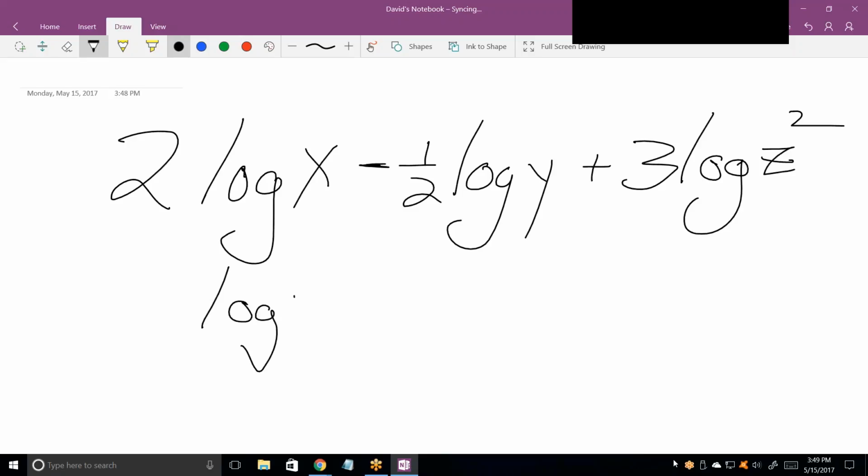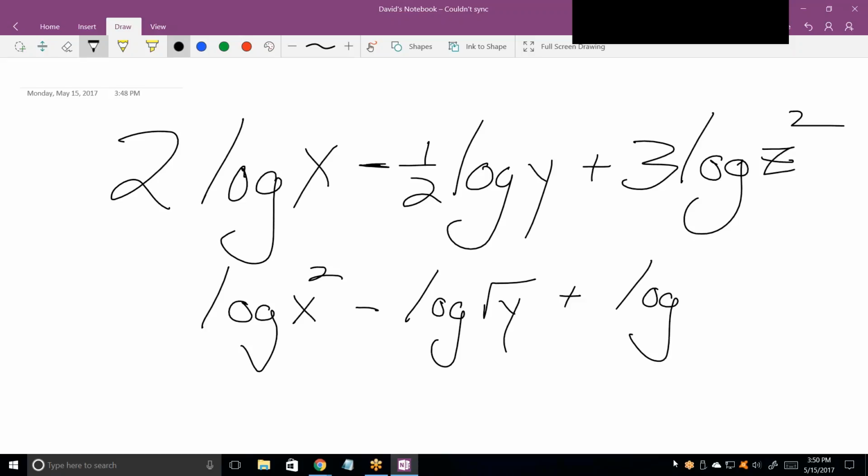Log x squared minus log root y plus log z to the sixth. In other words, when we move that exponent over, got to put parentheses around the z squared.